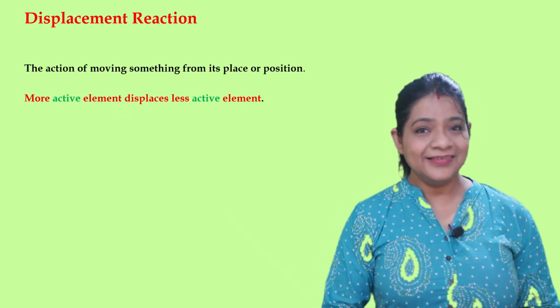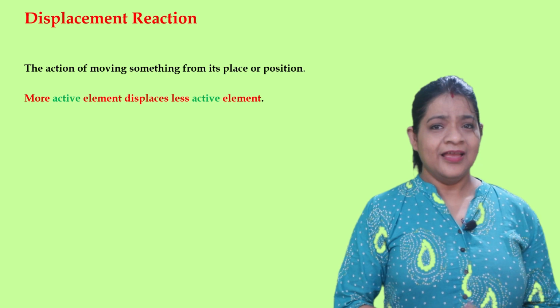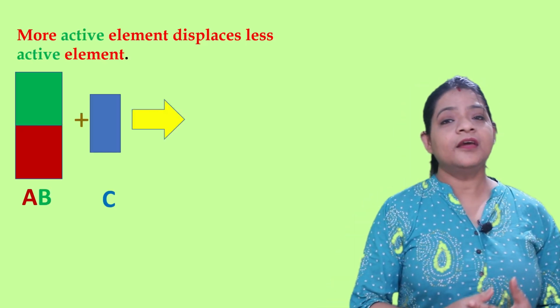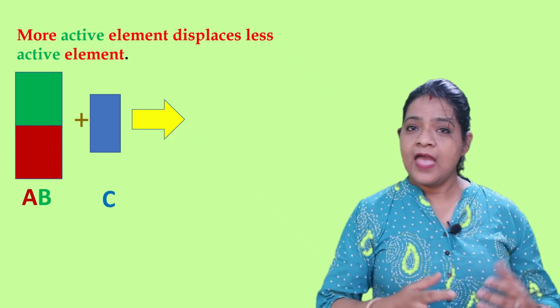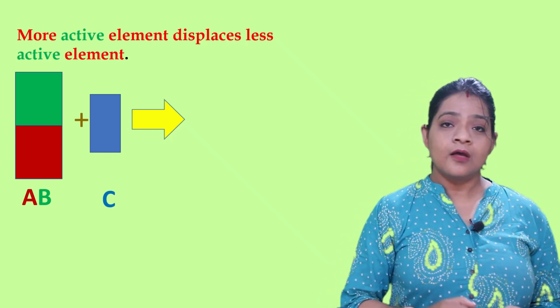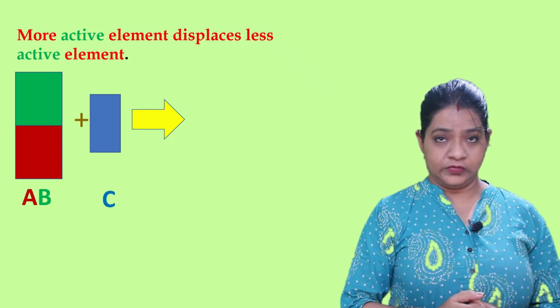The third type of chemical reaction is displacement reaction. The literal meaning of displacement is moving something from its original position. Here one reactant exists as AB and a second reactant, C, is used.